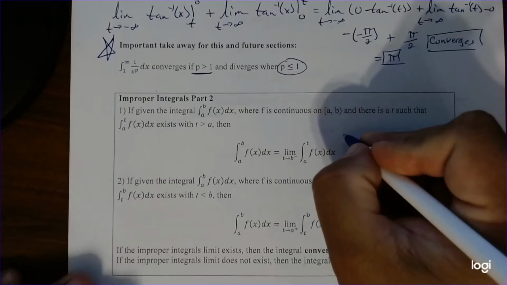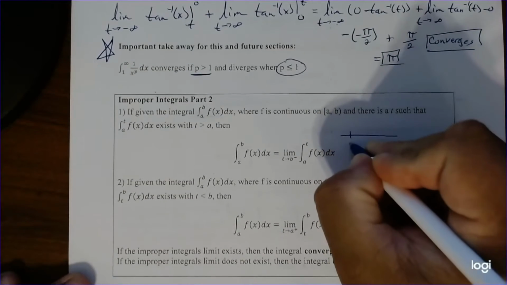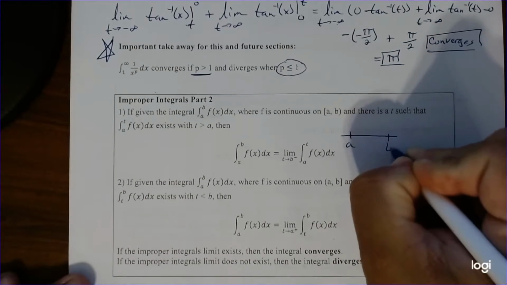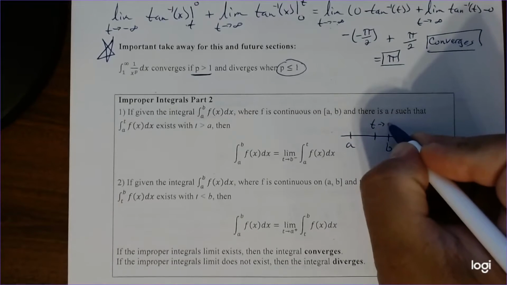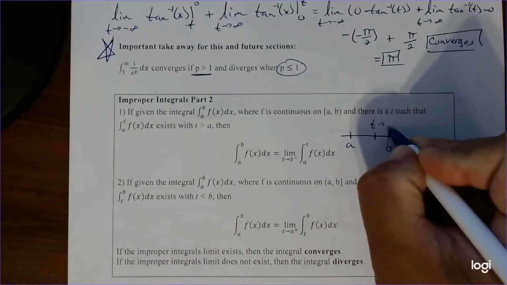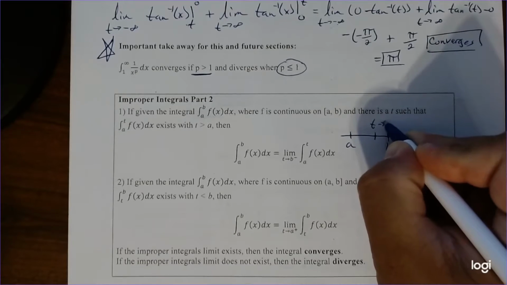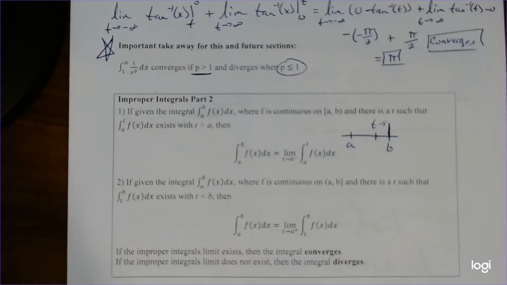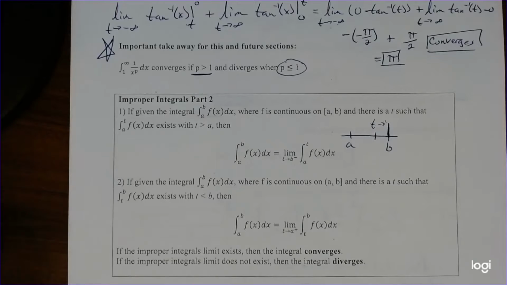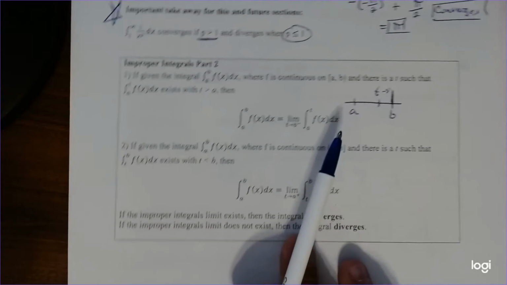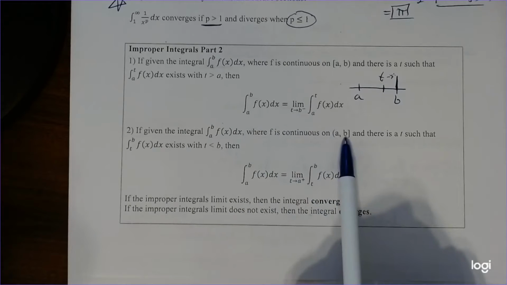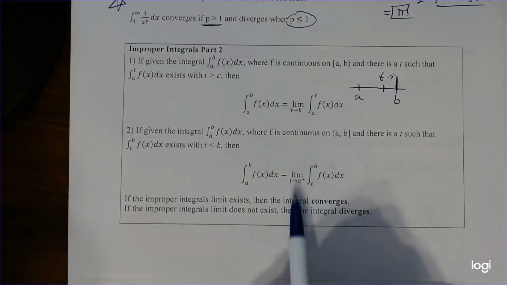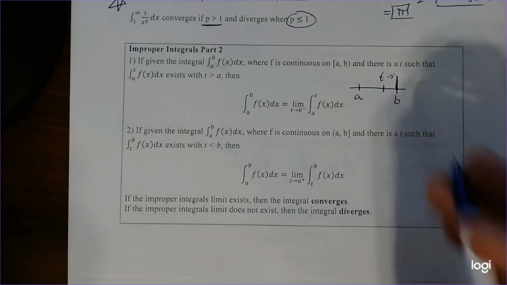I know this is kind of weird, but let's say here's a and here's b, and t is somewhere in the middle. So t is going towards b. The minus means it's going towards the left side of b, so numbers closer and closer on the left side of b. Okay. And the opposite is going to be for number 2, where it's not continuous at a but okay at b, so we're approaching from the right-hand side.